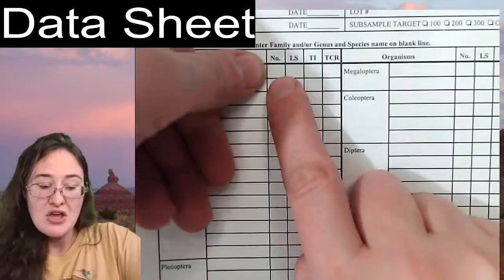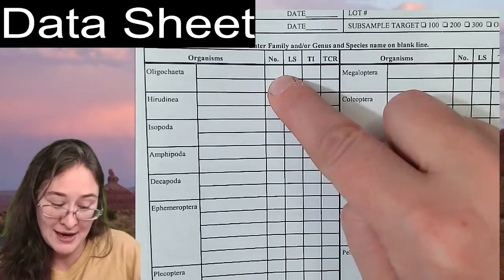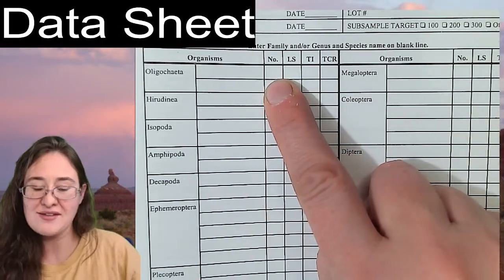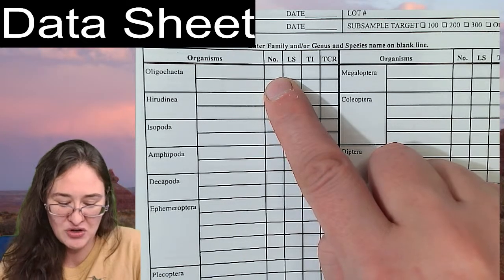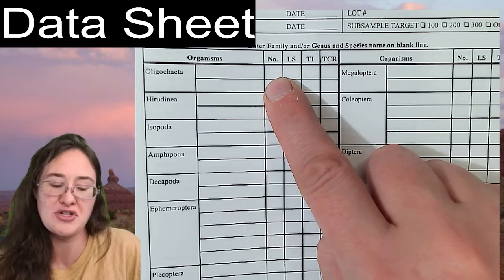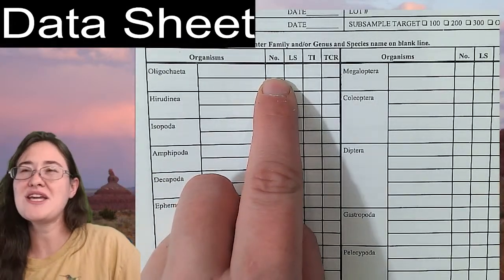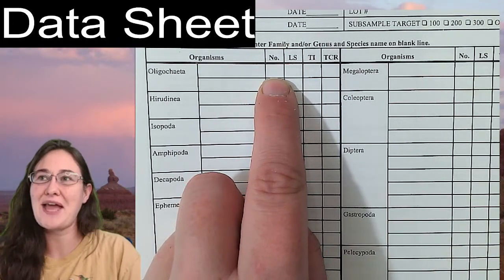You also want to know approximately how many. It depends on whose form you're doing, whose index you're doing. But generally, if it's more than 20, you can stop counting at 20.